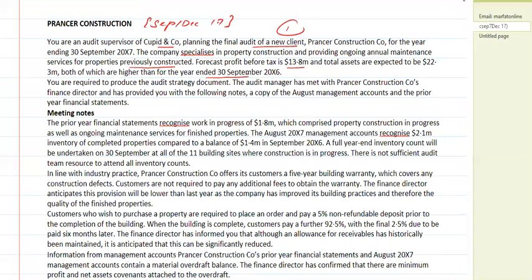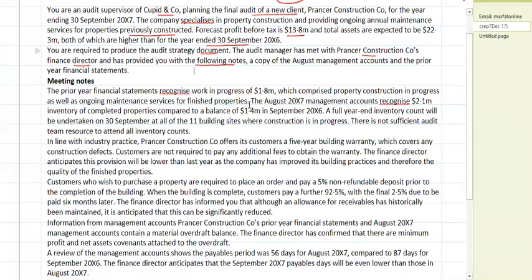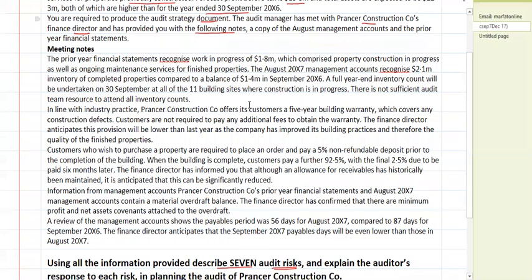You are required to produce the audit strategy document. The audit manager has met with Prancer Construction Company's finance director and has provided you with the following meeting notes, a copy of the August management accounts and the prior year financial statements. The prior year financial statement recognized work in progress of 1.8 million, which comprises property construction in progress as well as the ongoing maintenance service for finished properties.